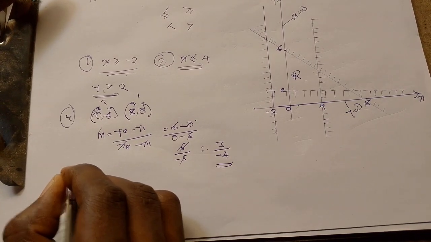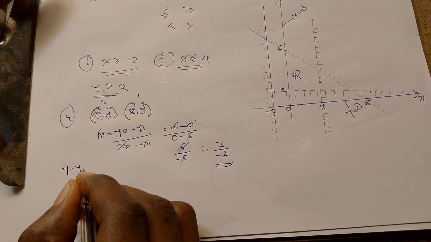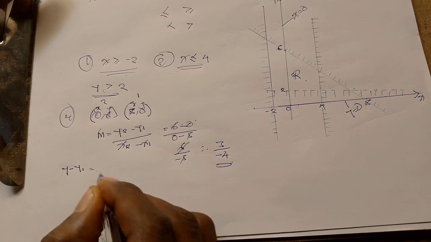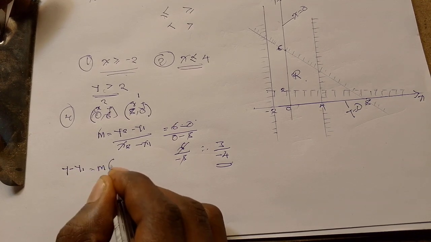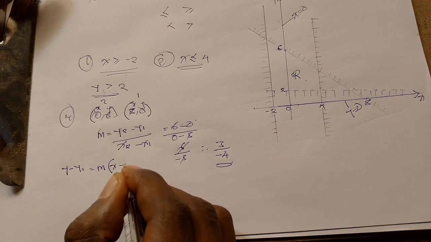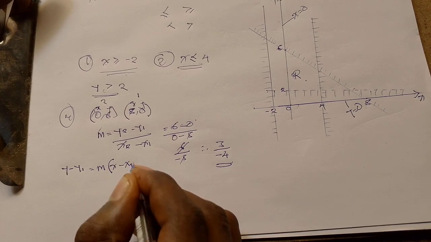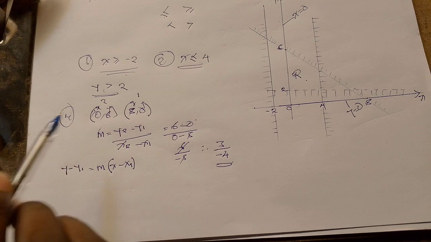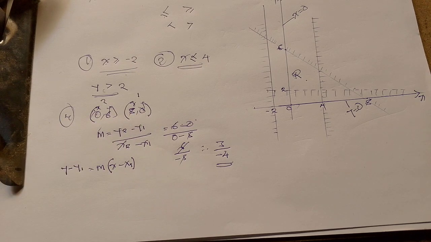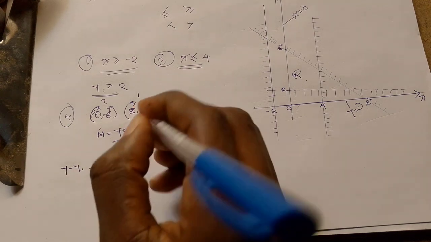y minus y1 is equal to gradient, then x minus x1. We have these two sets of coordinates. You can pick one of your choice. Me, I'll go with this one.